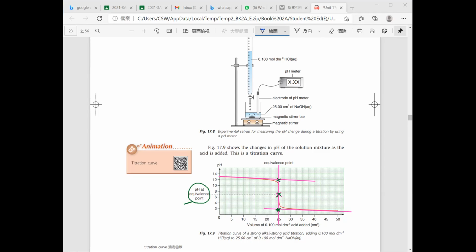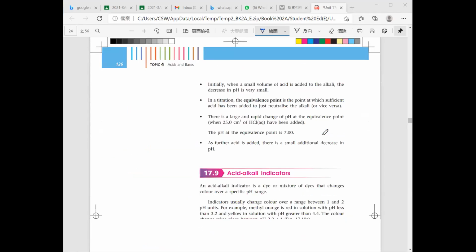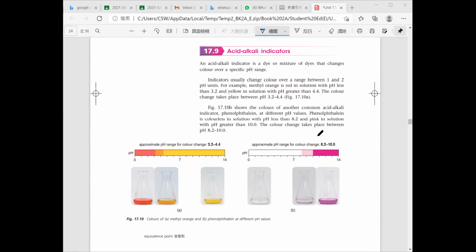Method 2. Method 2 is to use an indicator, right? An acid-base indicator. So we would not use universal indicator. The reason behind this is that universal indicator changes color variously, right? At slightly different pH.